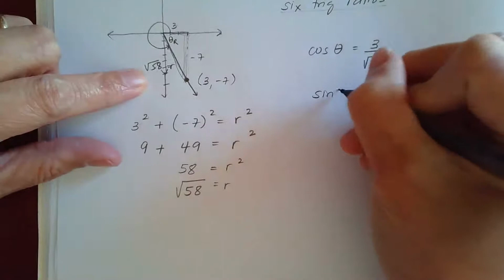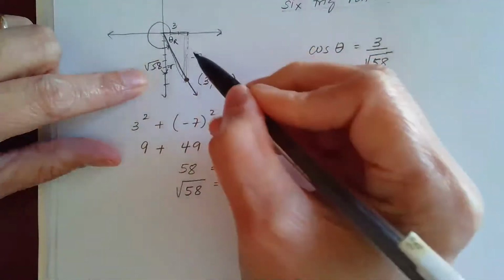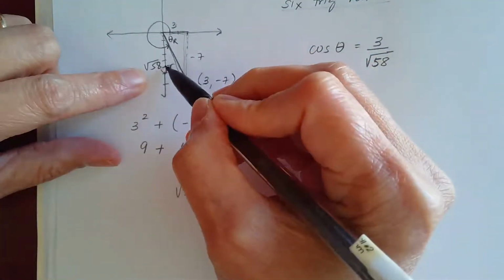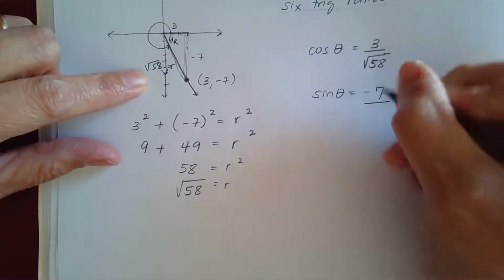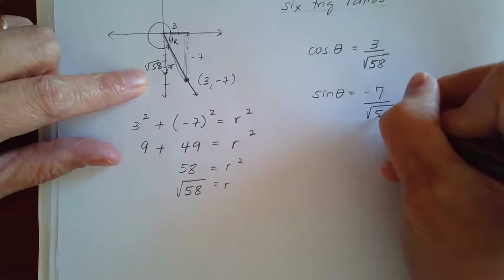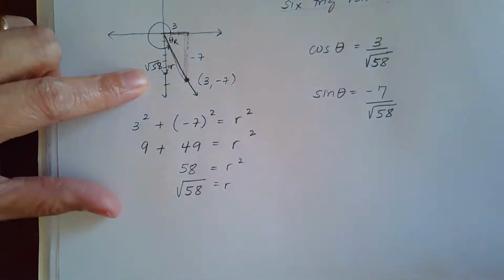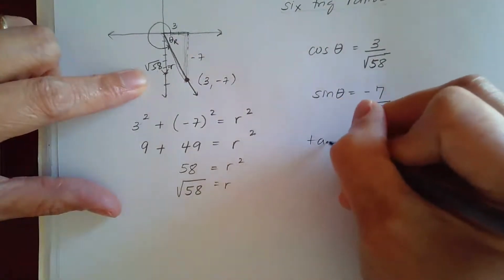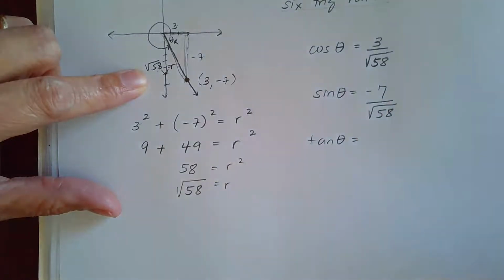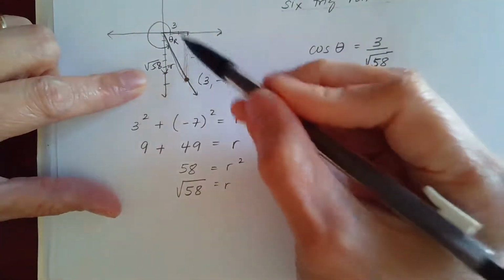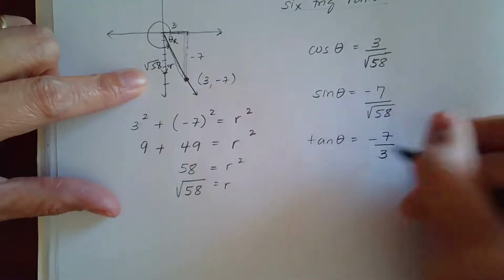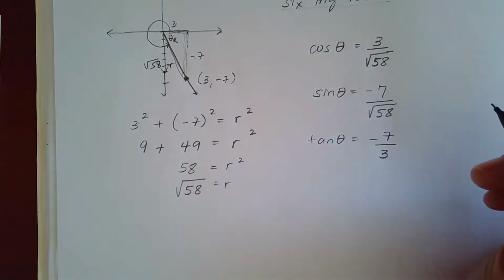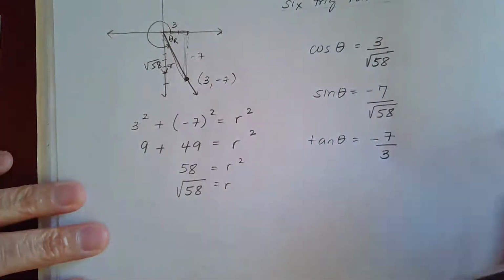Sine is opposite over hypotenuse, so it's going to be negative 7 over square root of 58. And then tangent is opposite over adjacent, so negative 7 over 3. These are the 3 primary trigonometric ratios.